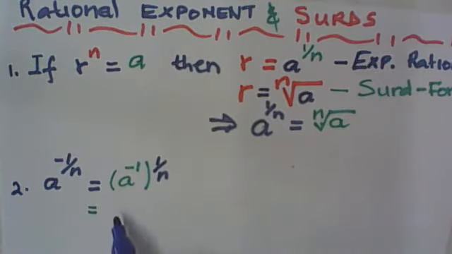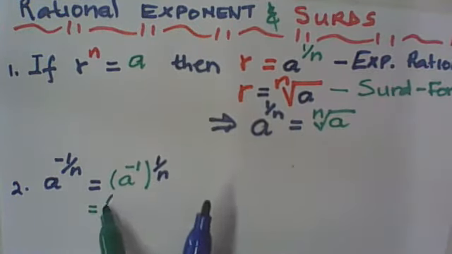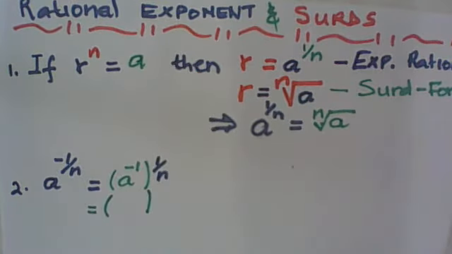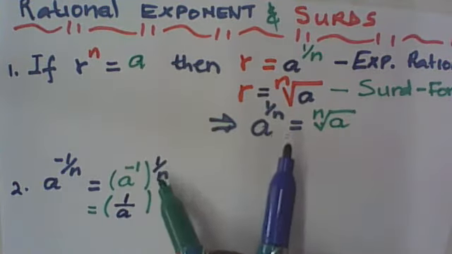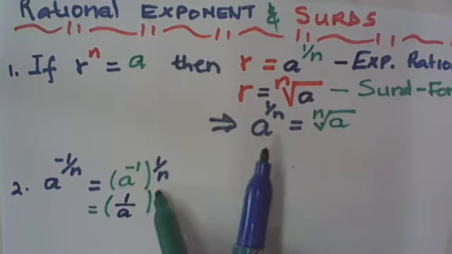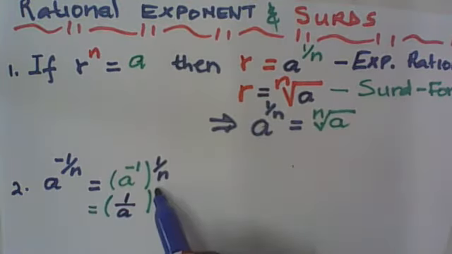And what is the inverse of a? The inverse of a is 1 over a. So the exponent is still the same, 1 over n.